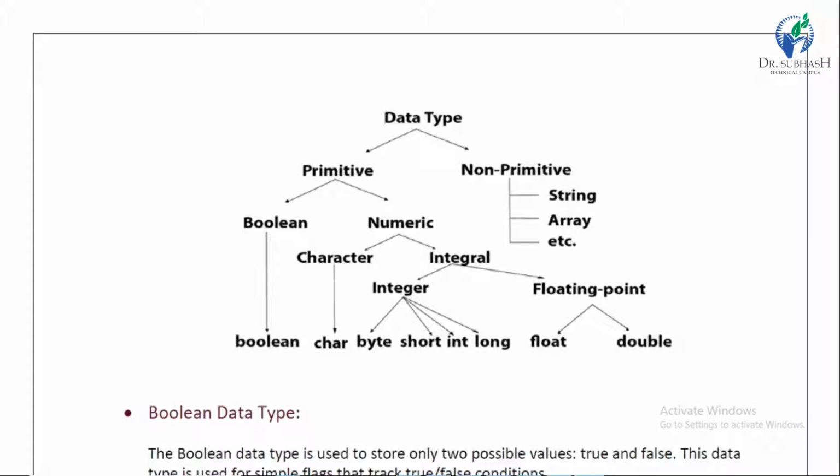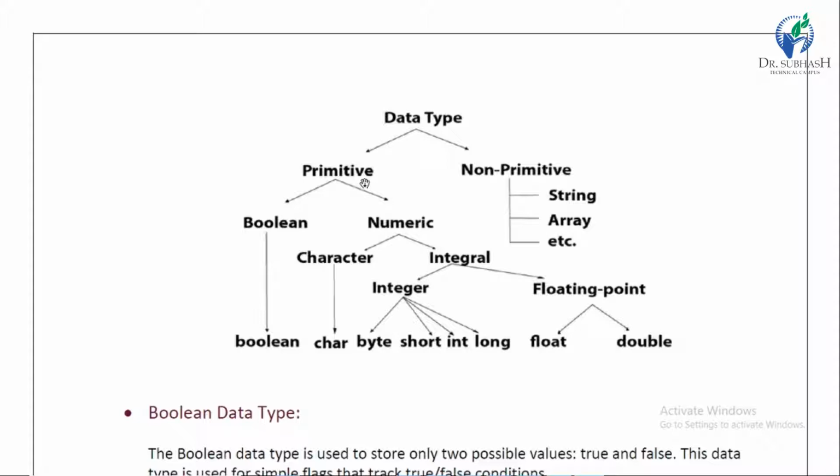As I have told you, Java is an object oriented programming language, so we'll be dealing with classes. To handle class type data, we need non-primitive data types like string, arrays and so many. We'll see some later. As of now, we'll try to understand the primitive data types.